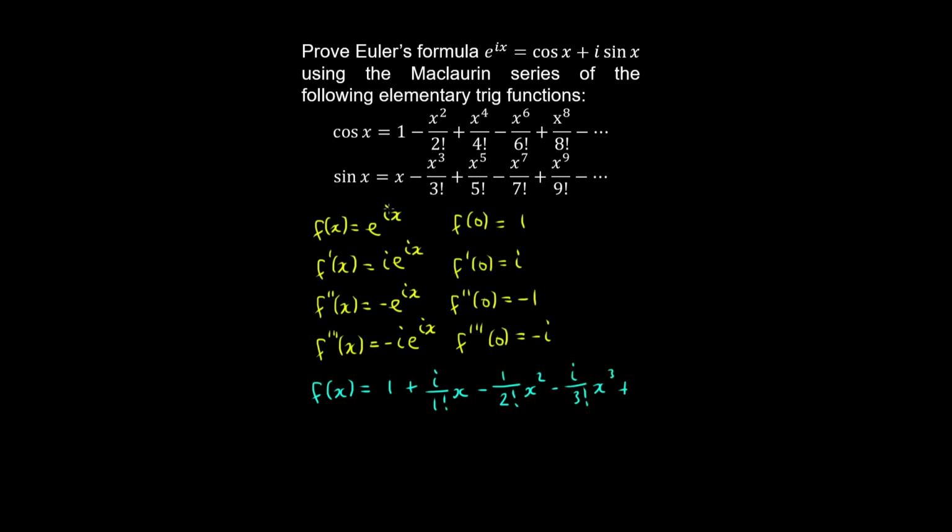So these derivatives will just keep cycling back and forth. So next we're going to get 1, and then i, and so on.